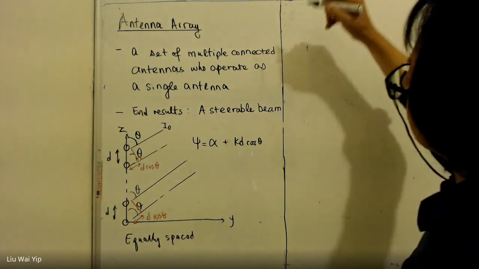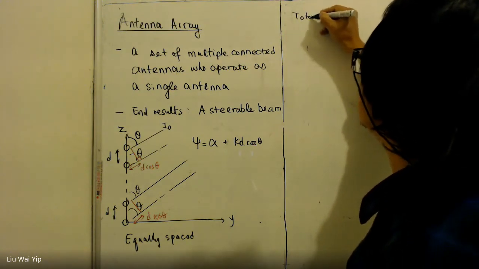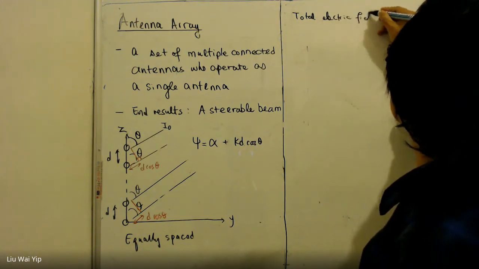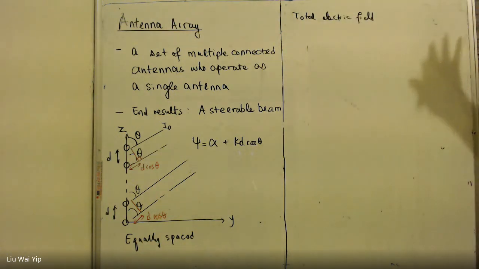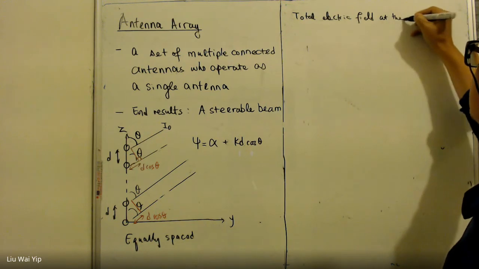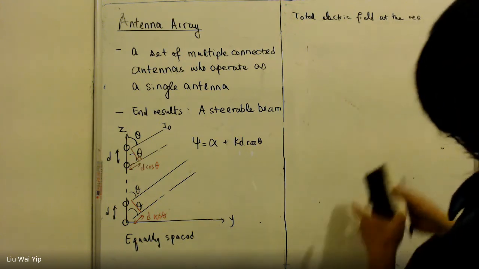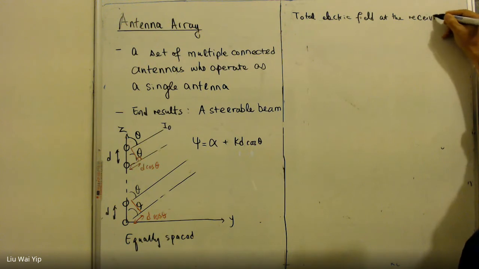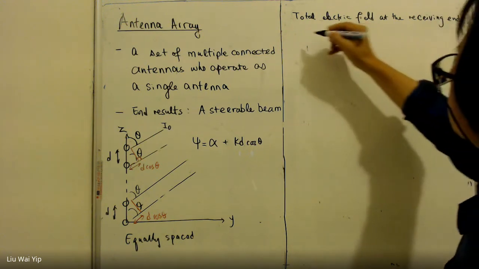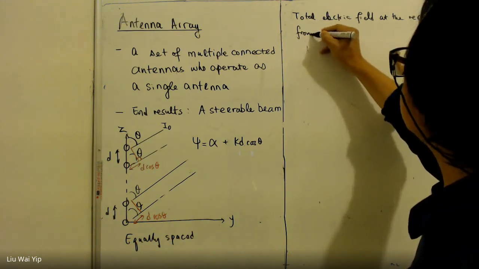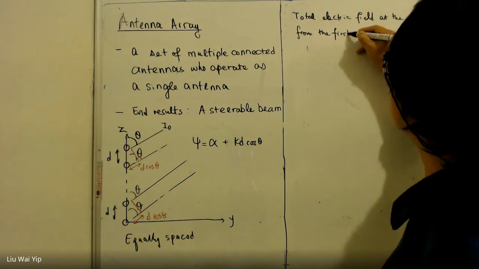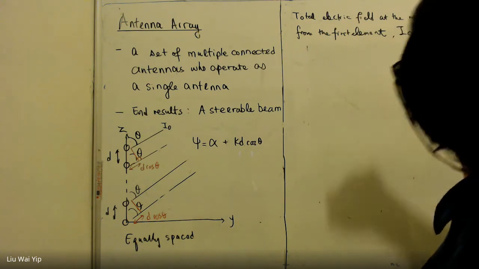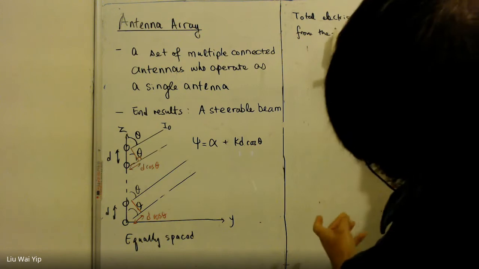And let's do it. So the total electric field received at the destination, at the receiving end, is, from the first element, I naught, right? Let's assume that.